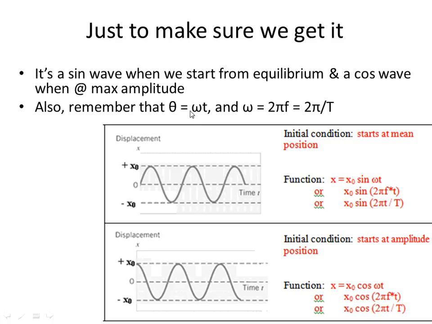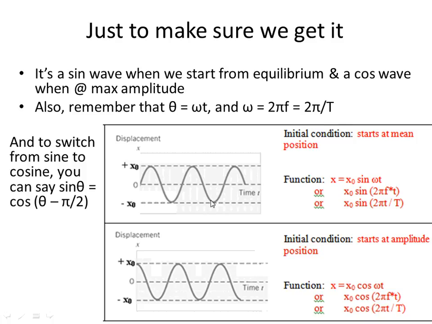Anyhow, I'm going to take out that theta and put in something different. I can put in omega t. That's a lowercase t, remember, the unknown time. Or instead of omega, I can put in 2 pi f. So I can express this function various ways.